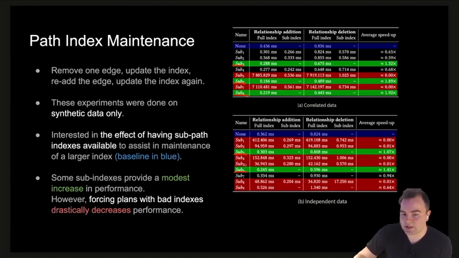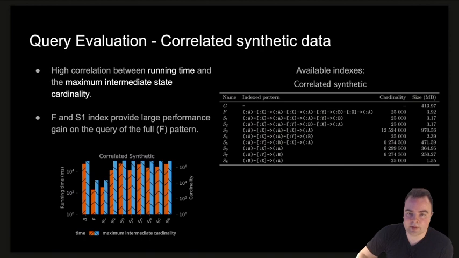This is because if you have a specific pattern indexed, you're forced to choose a plan which will involve the index scan of this subpattern. And if this subpattern is just not selective, then this plan would be subpar compared to not having this plan at all, so we can potentially drastically reduce the performance instead.